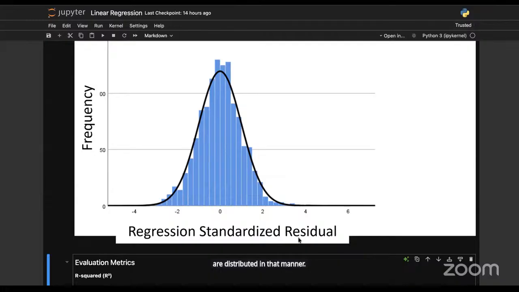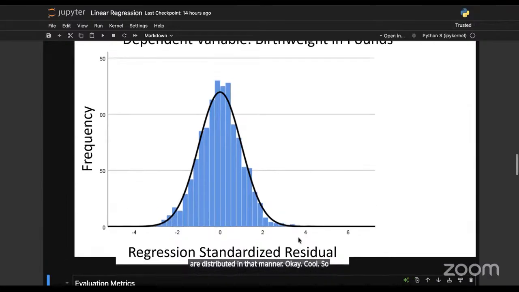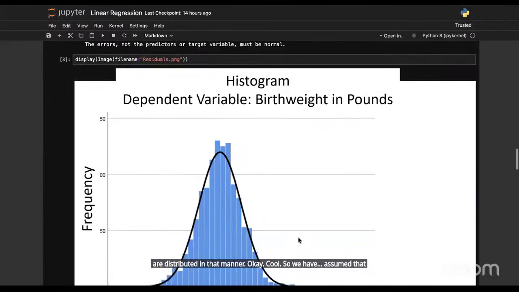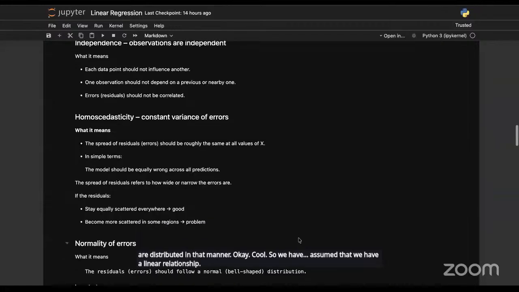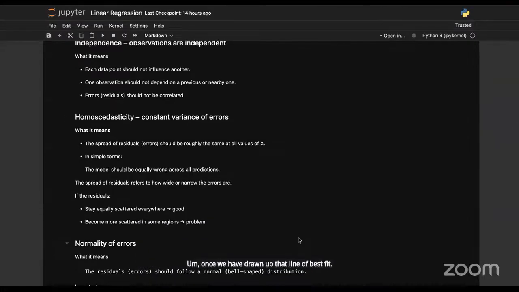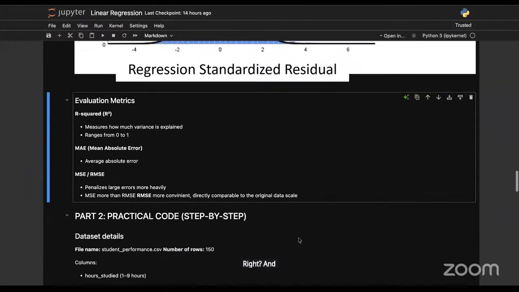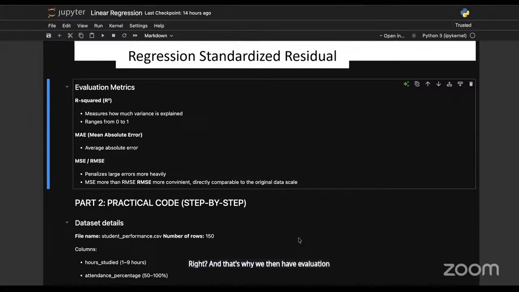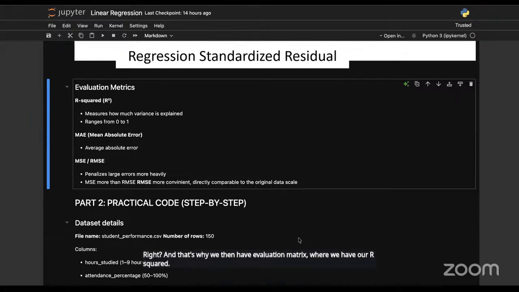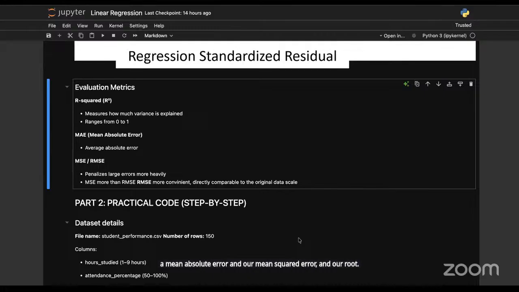Okay, cool. So we have assumed that we have a linear relationship. Once we have drawn up that line of best fit, we see that there's homoscedasticity. We see that there's normality of errors, but that's not enough, right? And that's why we have evaluation metrics, where we have our R squared, our mean absolute error, our mean squared error, and our root mean squared error, right?